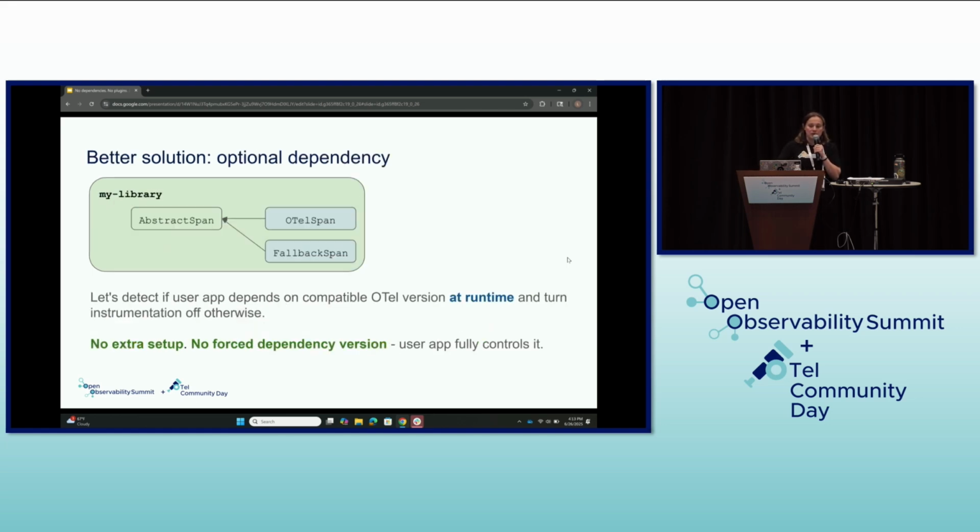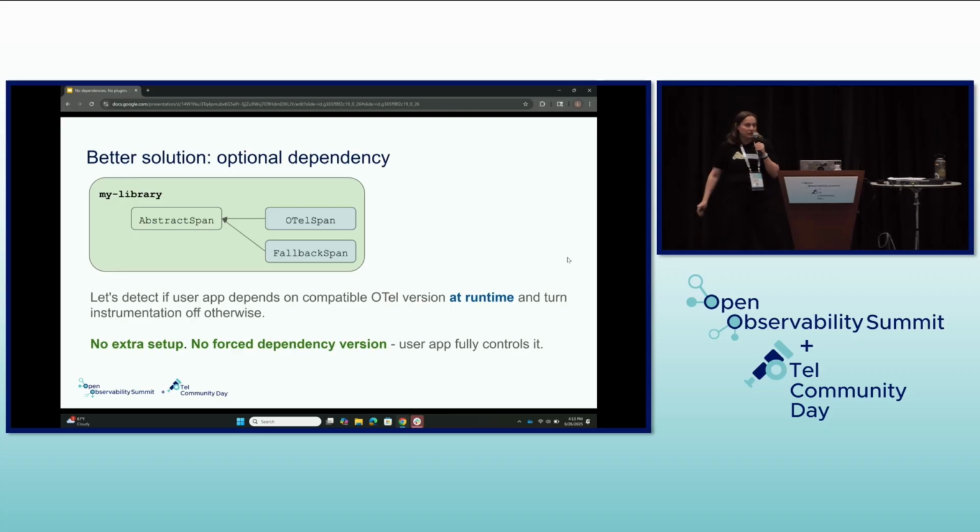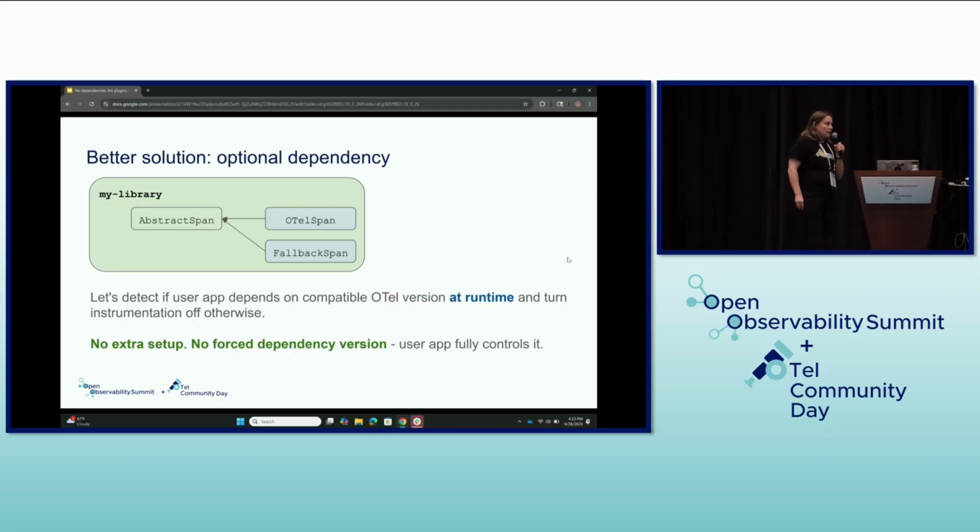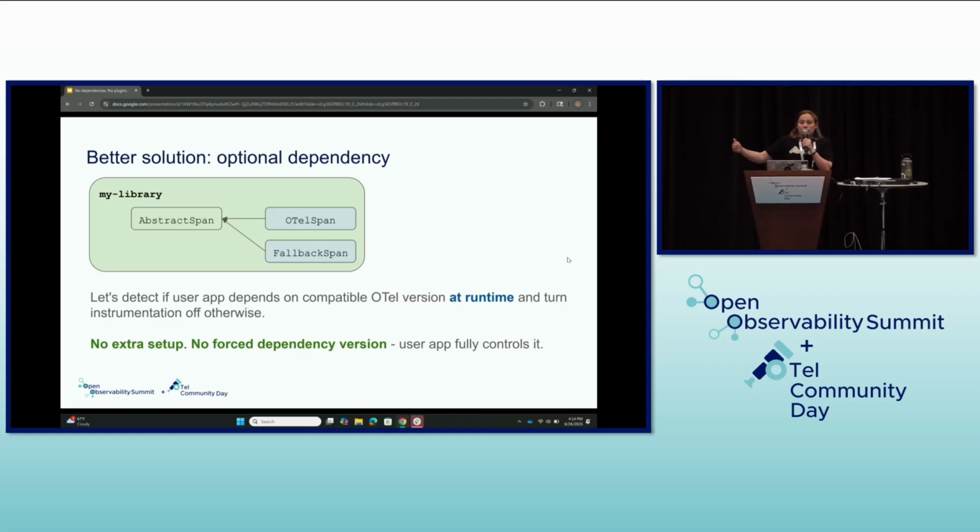So the solution we are using, and we're very happy with it in our new generation of SDKs, is let's call it optional dependency for lack of a better word. So essentially, we use the abstraction, the abstract span, or abstract metric, whatever. Everything calls into this abstraction.